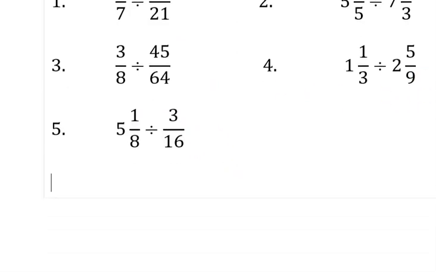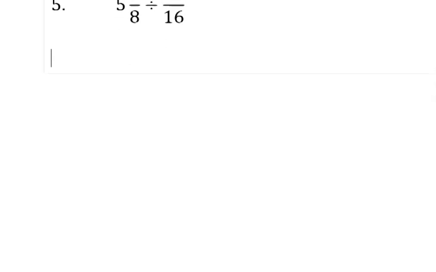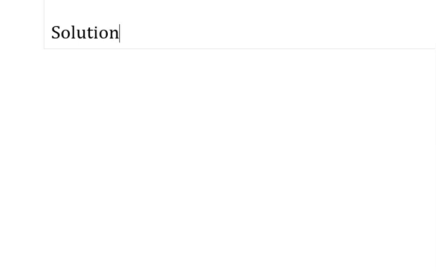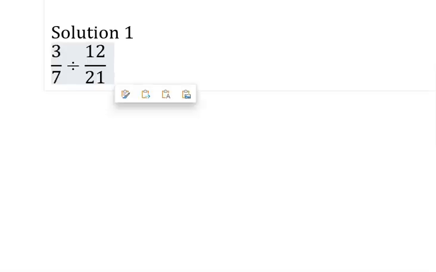Let's say solution number 1. We have 3 over 7 divided by 12 over 21.